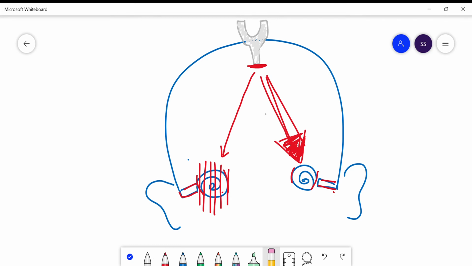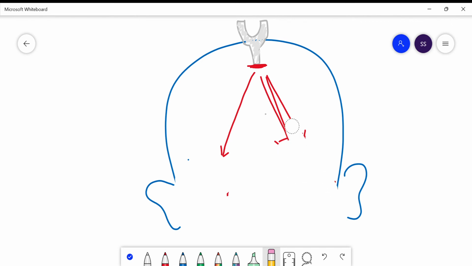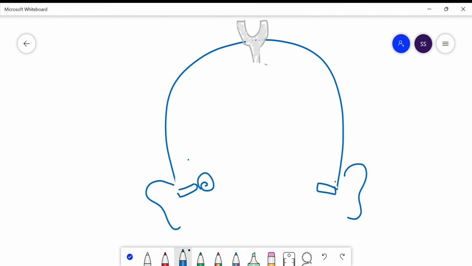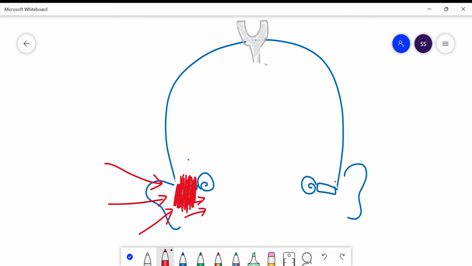Now, let me clear this out. I want to talk about what happens when there is conductive hearing loss. When there is conductive hearing loss, the disturbances from outside are going to be eliminated because the conductive pathway is not conducting any sounds.